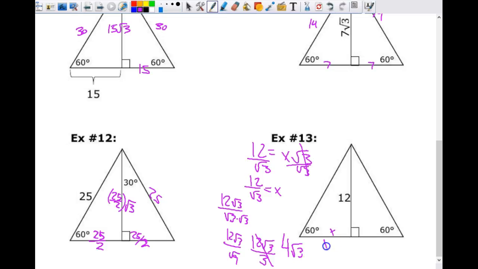So we know this one's 4 root 3. That's the hardest part. Next part is easy. We just need to double this to get this, right? What's 4 times 2? What's left over? Root 3. This is 8 root 3, and then this is 4 times root 3.